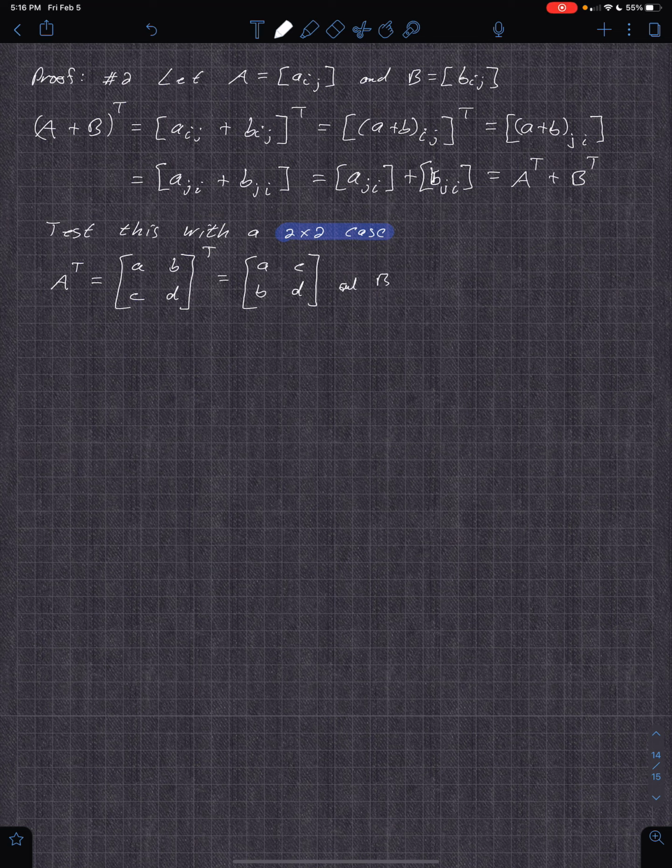And then do B transpose. So E, F, G, H. See what I mean by 2 by 2, but make it general 2 by 2? And then you get E, F, G, H, like that.